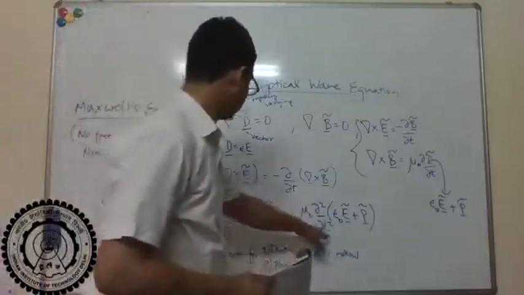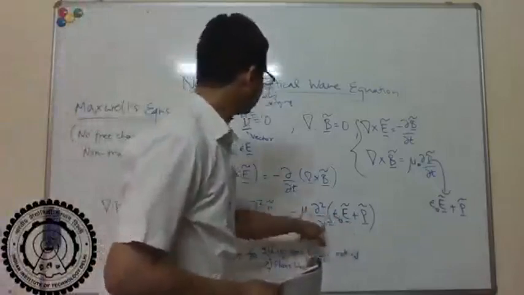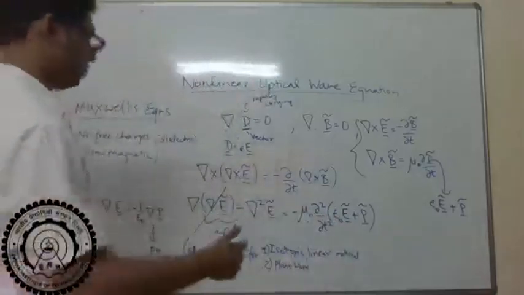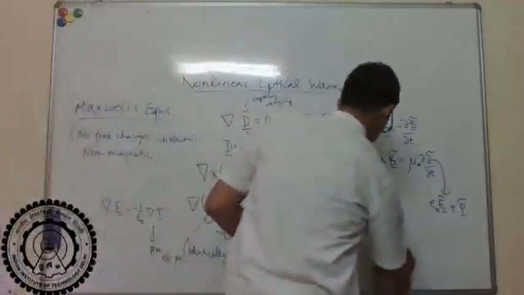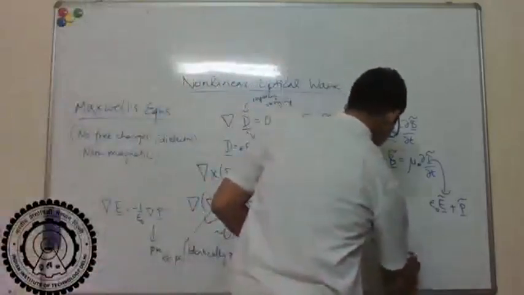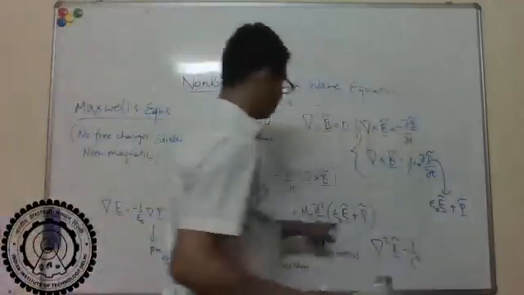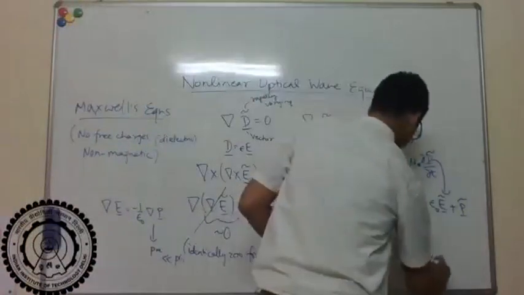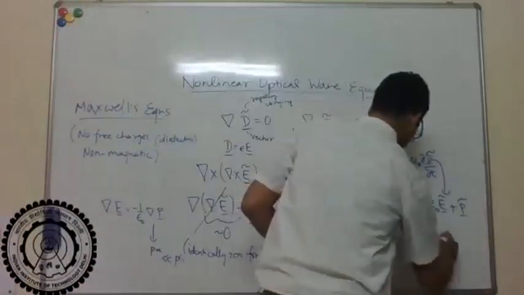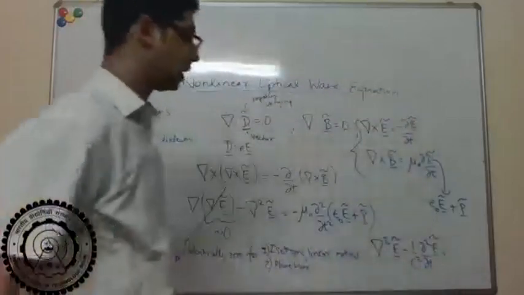Yeah, so then if I get this first term of the double derivative of E to the other side, you see we end up with sort of the wave equation that you'll be familiar with, right? Del square E minus, so mu naught epsilon naught gives me 1 over c square. Right, so that's the wave equation for the electric field.